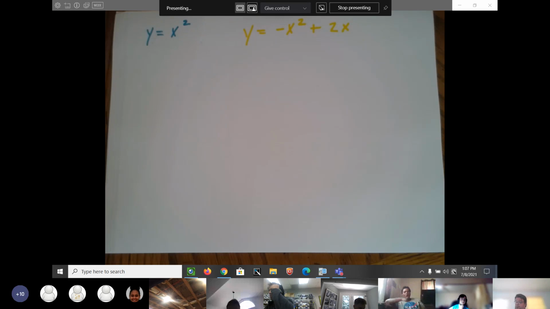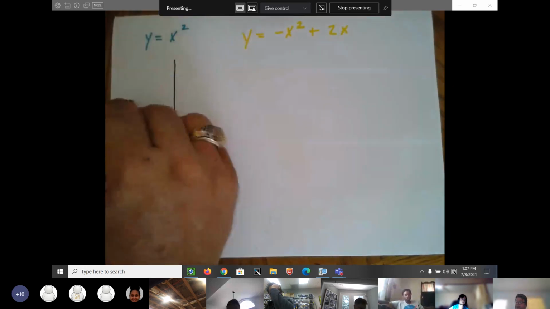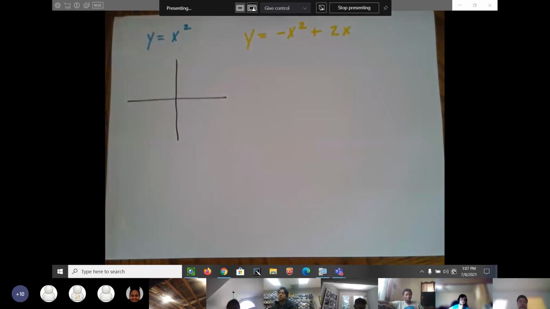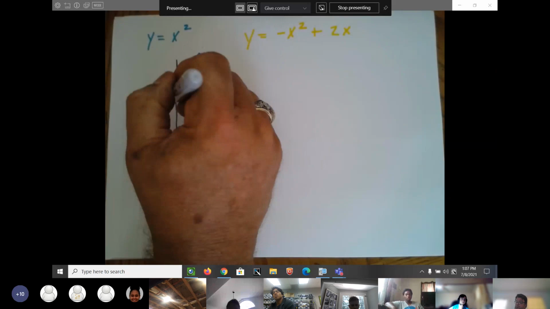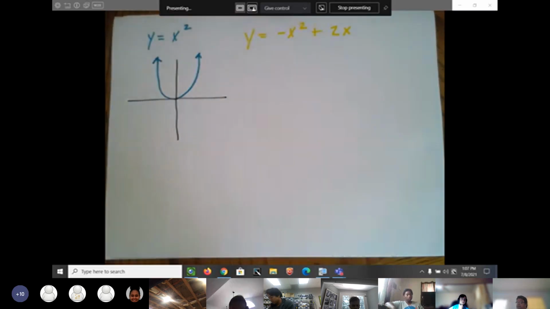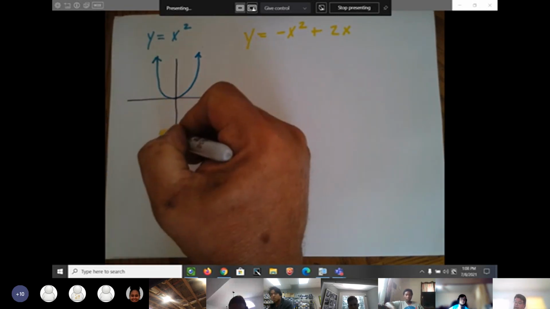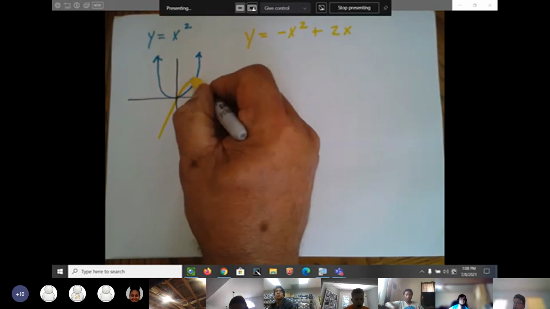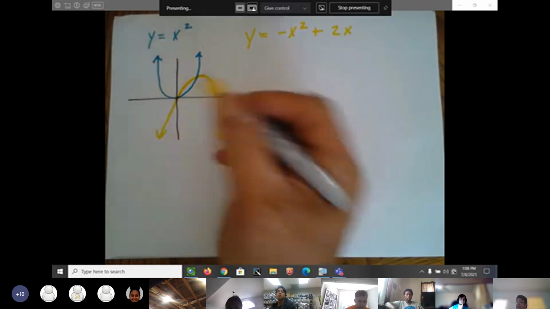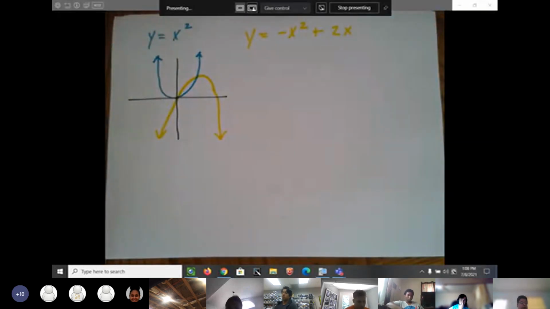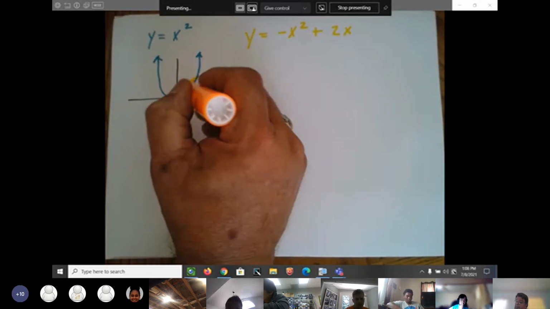So our blue function is going to look like this. And our yellow function is going to look something like this. And this is the area we're wanting to find.